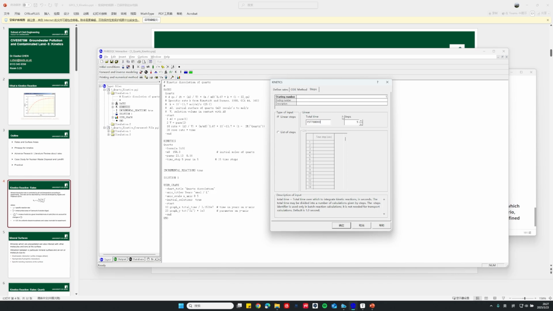So it's not how much we add into the solution, but how much time we let it react in the solution. Normally the unit is set as 1 second, but you can type something here. As you can see, it typed 5 year in 5. So it will be translated into seconds directly. Don't worry about that.